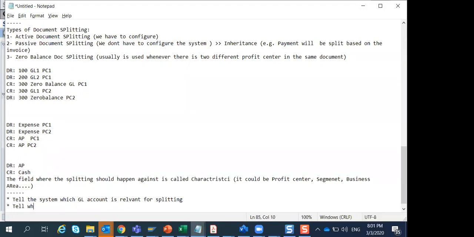And then tell the system which document type. By now, do you guys know what document type is? We talked about it, right? Oh my gosh, I'm so disappointed. Nobody knows what document type is.